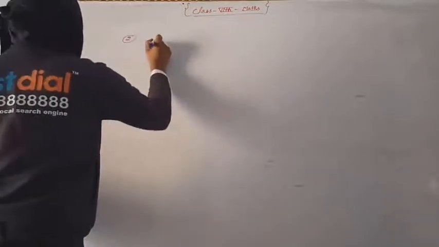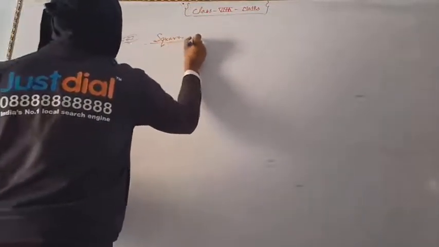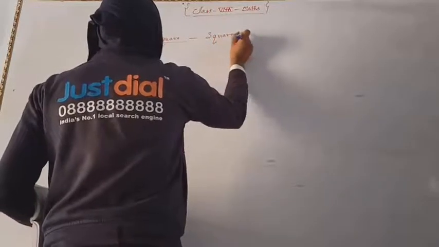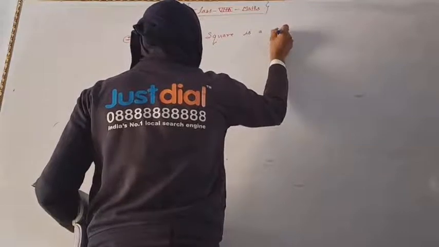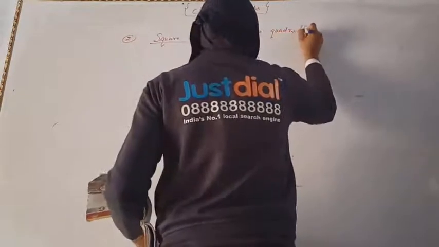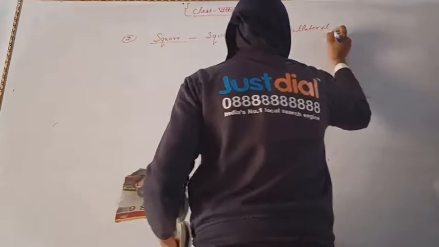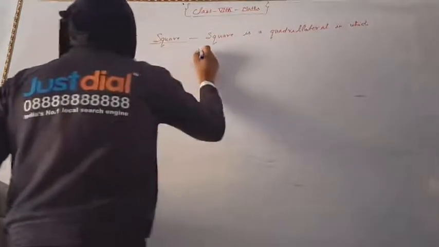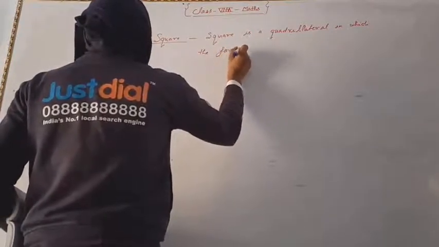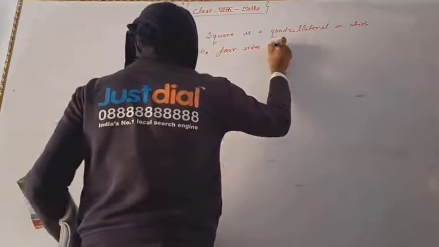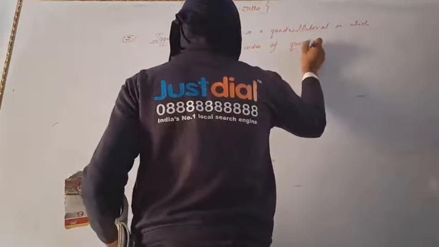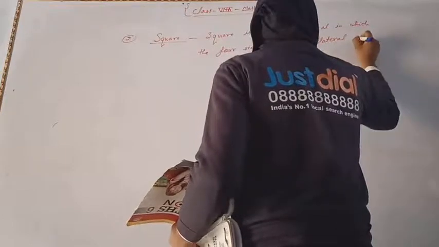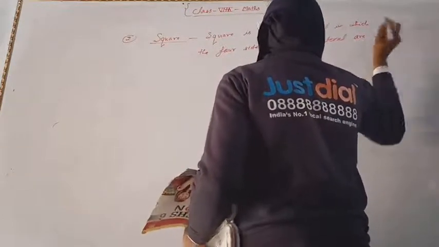Second, it is given the square. In the square, you already know, a square is a quadrilateral in which the four sides of the quadrilateral are the same.